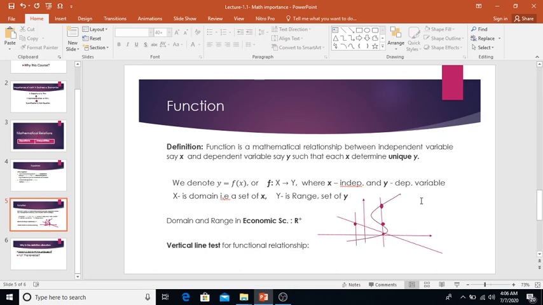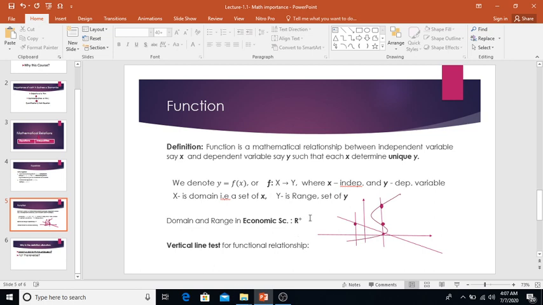We need to notice that domain and range for economic science is a little bit different than for other sciences like engineering or physical sciences. In engineering and physical sciences, our domain can be minus infinity to plus infinity, and it may even be complex value.